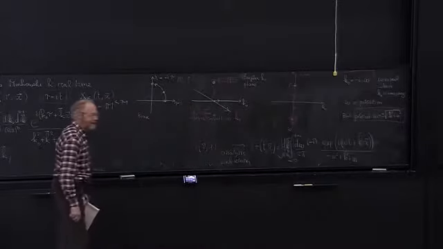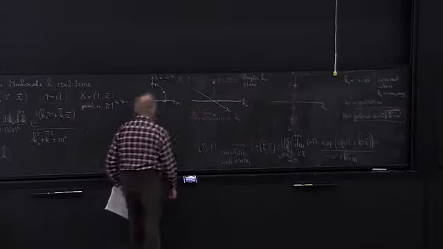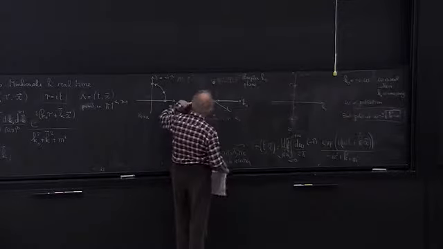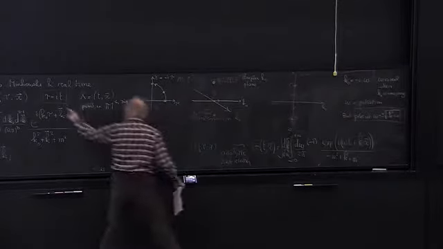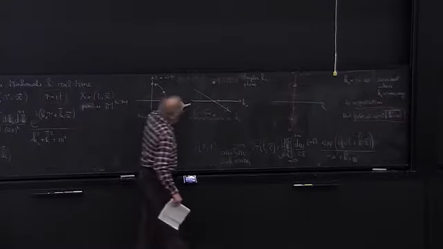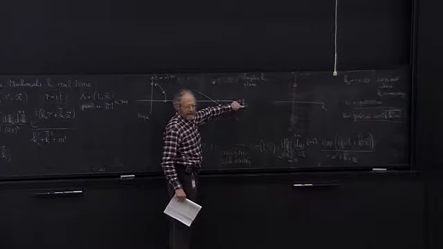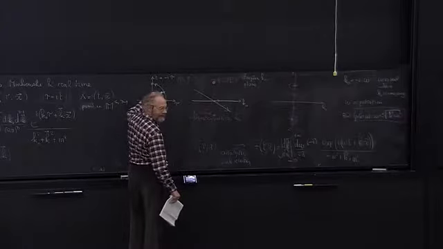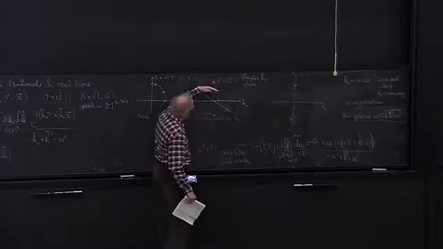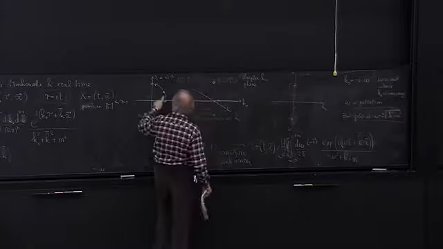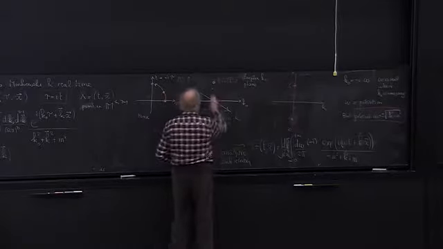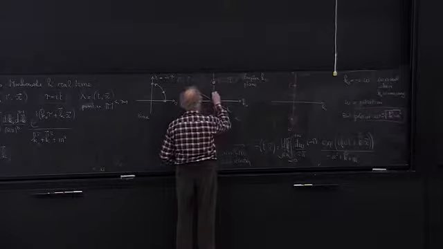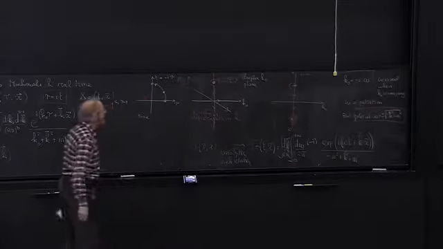Why do we know about the contour? Because I start from a contour of integration when tau is real, with this contour of integration over k naught. When I start my Wick rotation of tau, I have to rotate the contour of integration. And when I end here, I end with a contour of integration that is like that. Okay, you see?